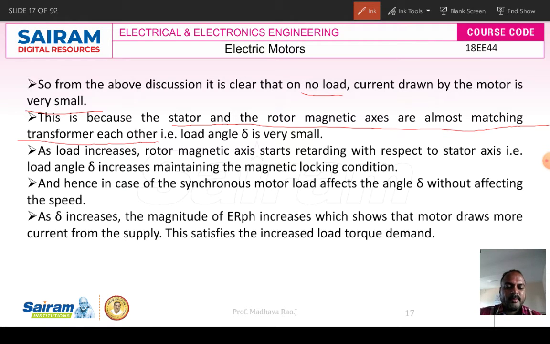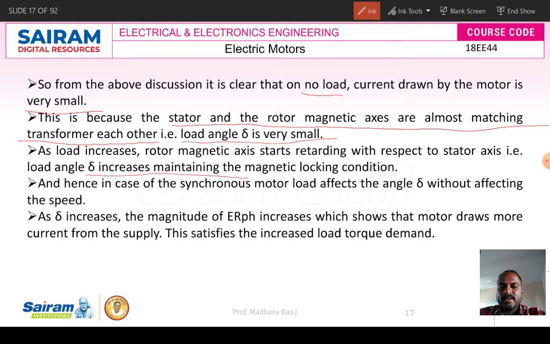The load angle will be very small in no load condition, right? When the load increases, the rotor magnetic axis starts retrogressing with respect to the stator axis, so the load angle delta will increase.